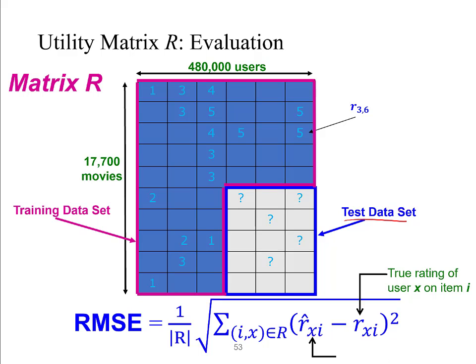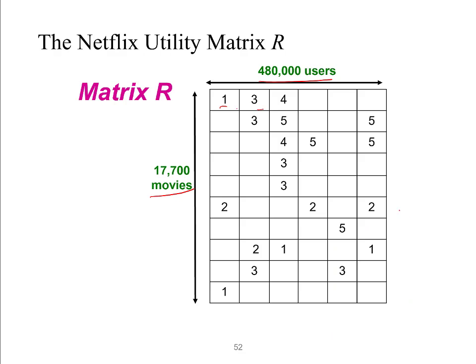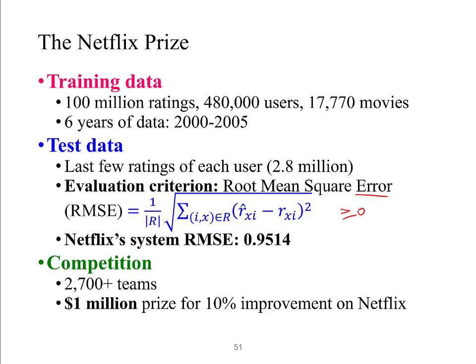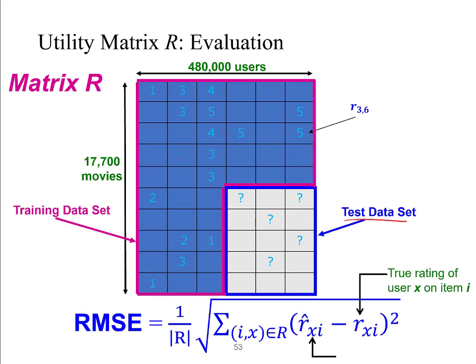The figure here is not very accurate, but it is just trying to give you the idea that part of the matrix is reserved as the test data set, because the real way of generating test data is to use the last few ratings of each user, right?